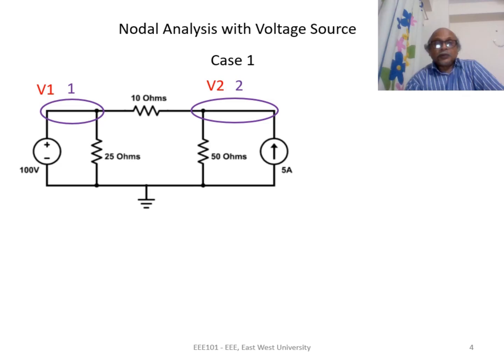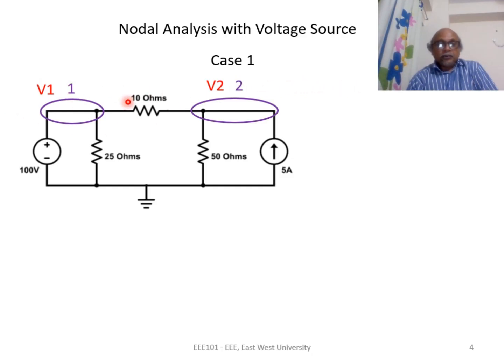Okay, now let's see how to handle case 1. In this circuit, there are two non-reference nodes, 1 and 2. Each non-reference node has 3 circuit elements, and we assign V1 voltage at node 1 and V2 voltage at node 2.